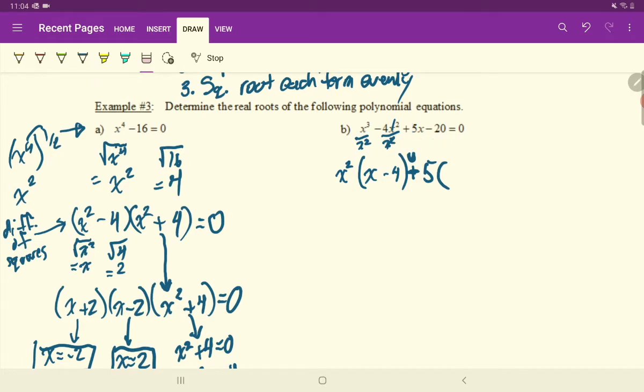Okay, now let's see, after we divide out 5s from here, what do we have left over? 5x divided by 5 is x. Negative 20 divided by 5 is negative 4.